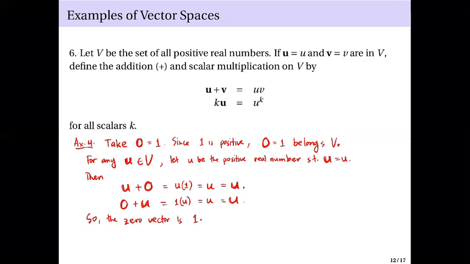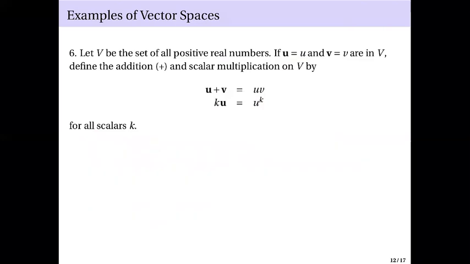And then we do axiom number 5. So I'll write this together. Let this boldface u, which is the real number u here, be in V. What will be our negative u?